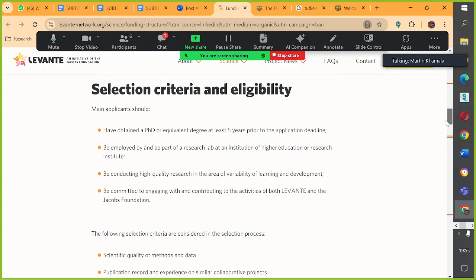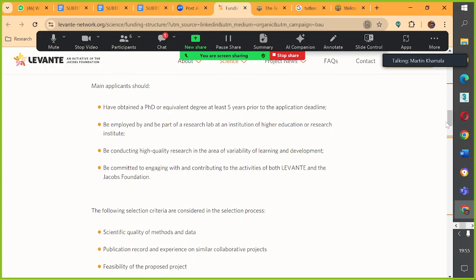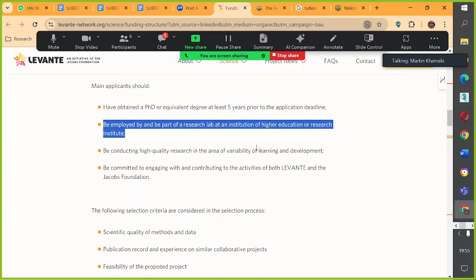Selection criteria, eligibility. So the main applicant, this is the one. It says here that you should have a PhD or equivalent degree at least 5 years prior to the application deadline. Must be employed by and be part of a research lab at an institution of higher education or research institute.